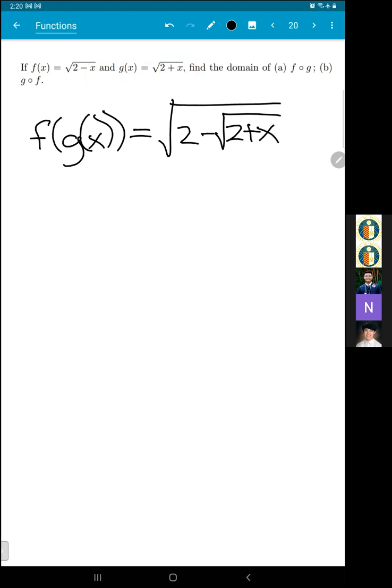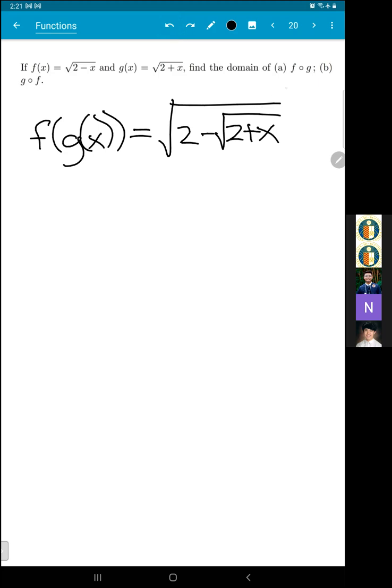Okay, and that already is f of g. So it remains to find the domain of that. But in order for the composition to be defined, g of x must first be defined, of course, which means that this expression inside has to be taken into consideration.